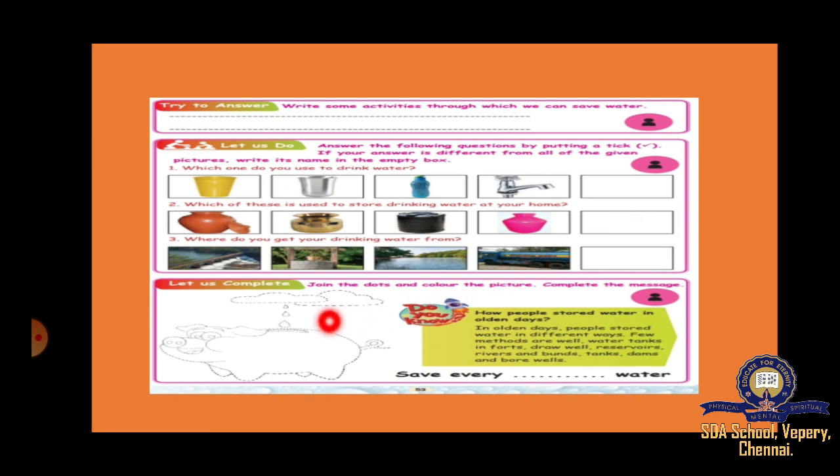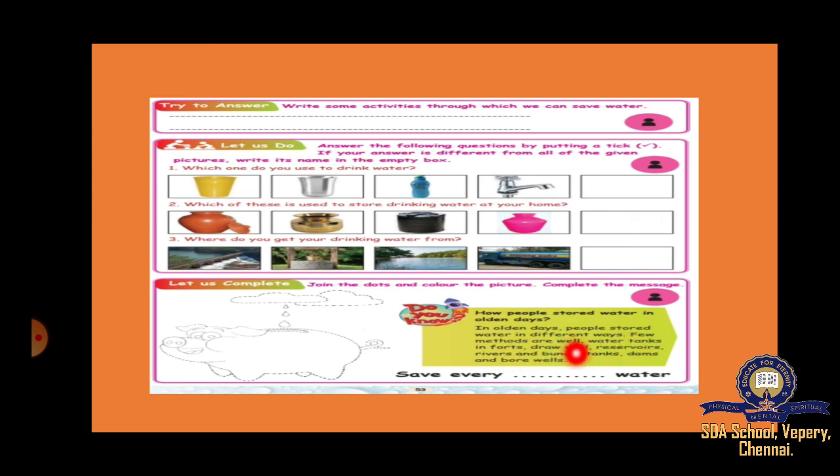Okay. Next, join the dots and color the picture. Complete the message. Next, how people stored water in olden days. In the olden days, people stored water in different ways.